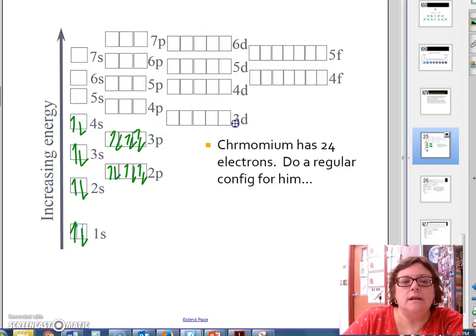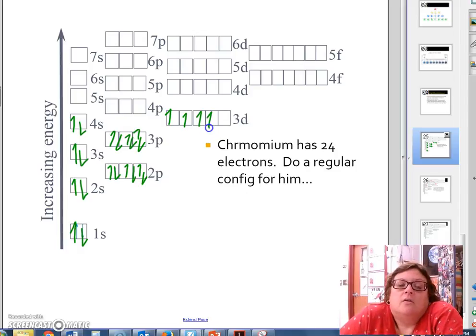Now, the 3d level has more energy than the 4s. So 4s fills first, and then 3d. 21, 22, 23, 24.